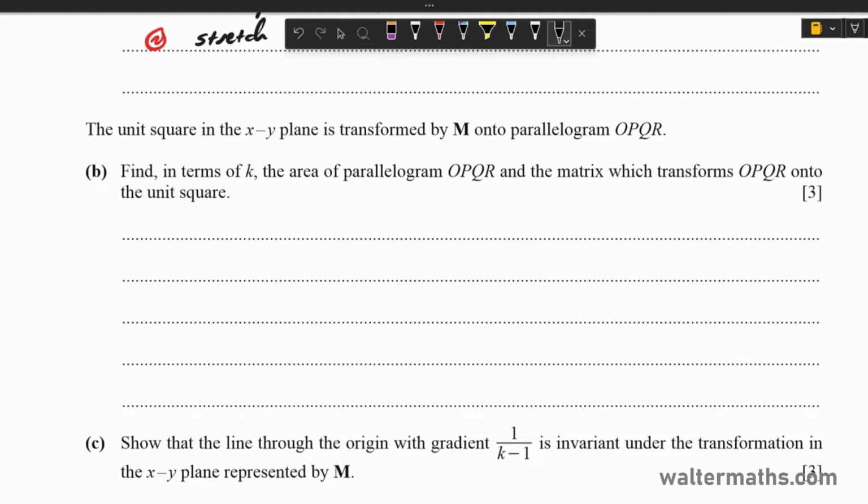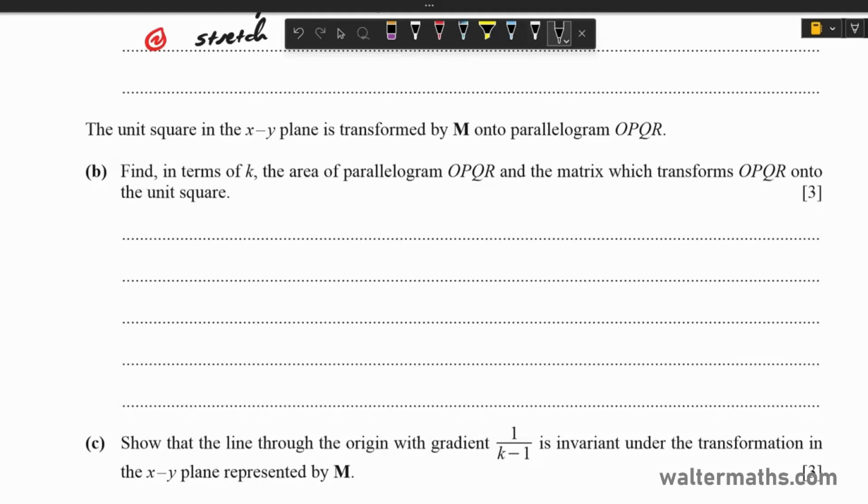On part B, the question says the unit square in the xy plane is transformed by M onto parallelogram OPQR. Find in terms of K the area of parallelogram OPQR and the matrix which transforms OPQR onto the unit square.